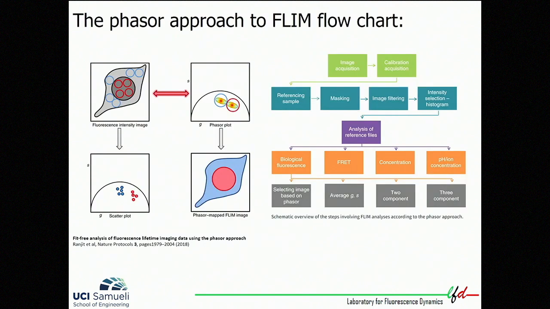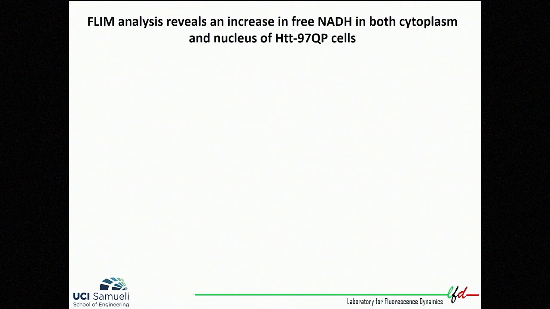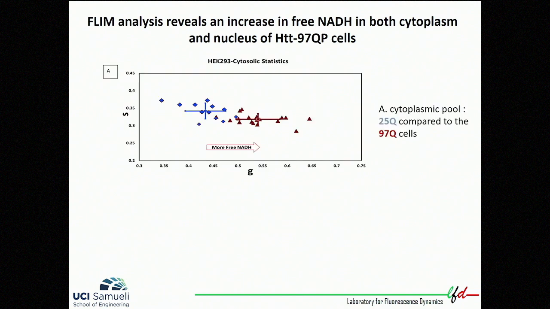We can also do image segmentation within the cells, and that allows us to segment just the nuclear compartment or the cytoplasmic compartment, or to segment different regions, let's say the mitochondria, if you want to see specifically whether the mitochondria have shifted in free and bound NADH. In this quantitative analysis, here's the Phasor analysis showing the normal unexpanded form, wild type, has a higher bound NADH fraction.